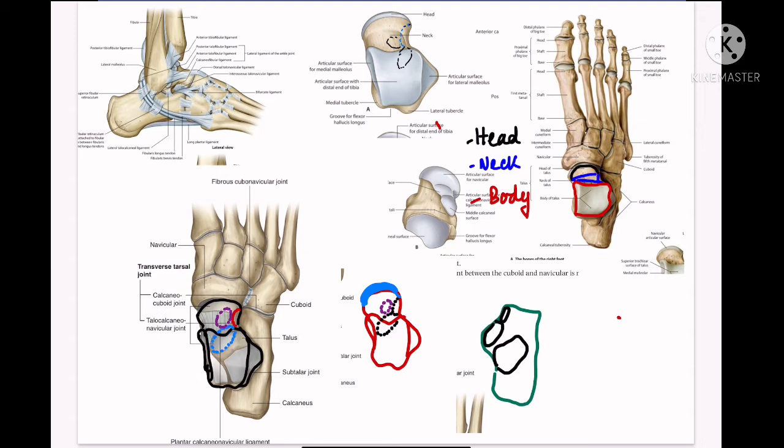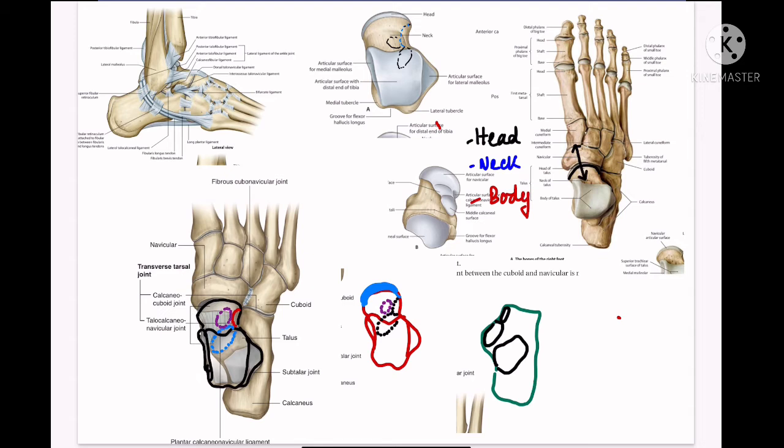Now if we clear the picture, we will see that head is directed forward, medially and slightly downward. So if we draw a long axis to the head and neck, the long axis will be like this.